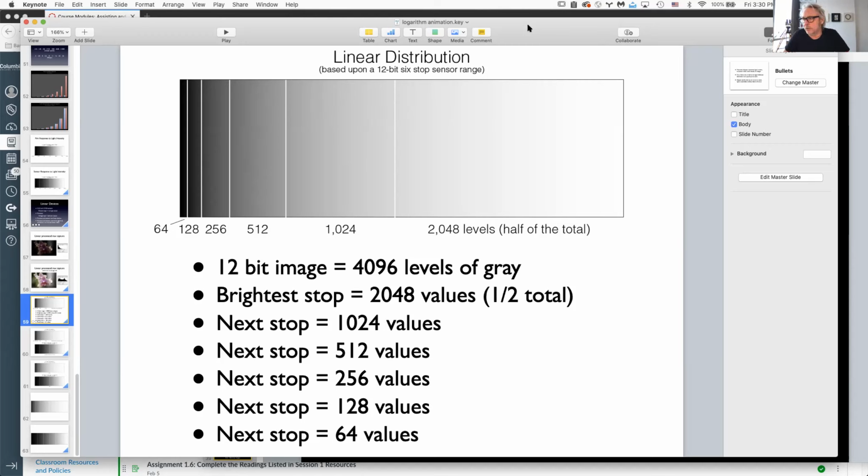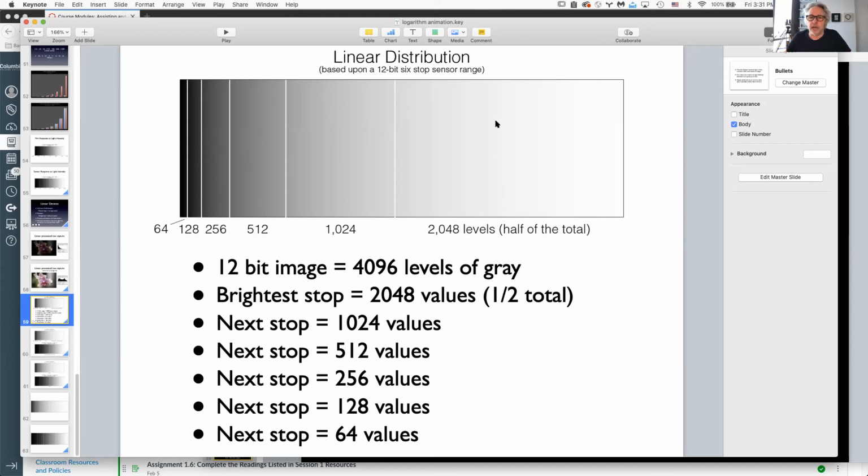However, that also translates into the data that is captured, and this is where the rub comes in. If you look at my screen right now, you can see this is based on a 12-bit image. There are 4,096 possible levels of gray that run along here. However, this is a linear distribution, not a logarithmic one.